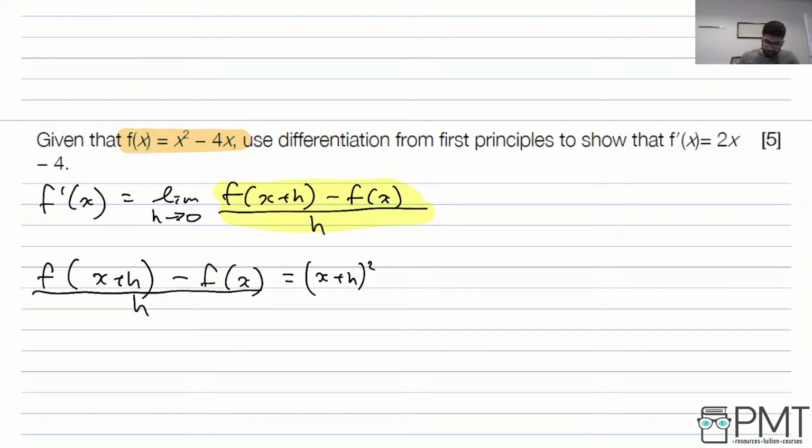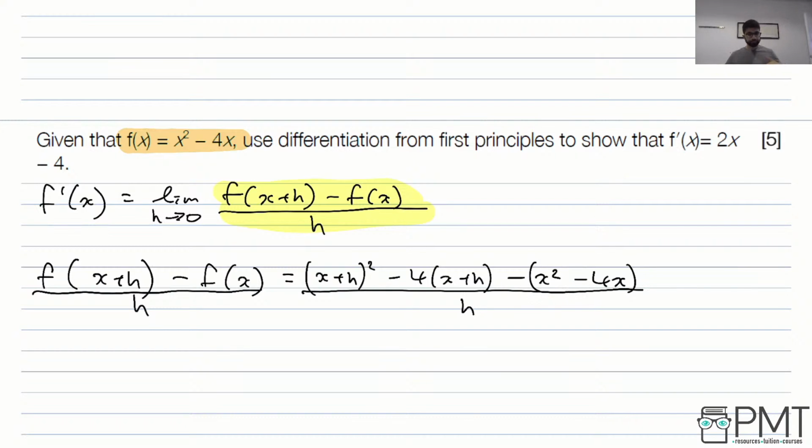So we have x plus h squared minus 4 times x plus h. Then you take away your function, which is x squared minus 4x. We divide this by h.